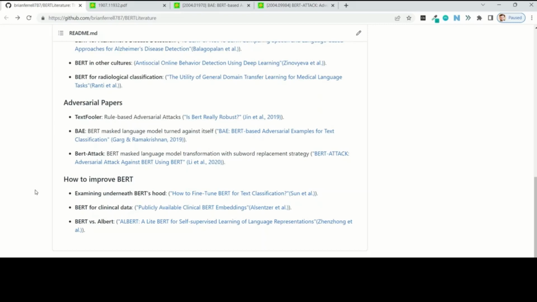And according to some of these authors, different layers of BERT capture different types of information, different semantic and syntactic information, and they examine those layers to see what learning rates are best used for different layers. And authors conclude that the top layer is the most useful when it comes to text classification. And then further pre-training to fit your specific domain can really significantly boost your performance.